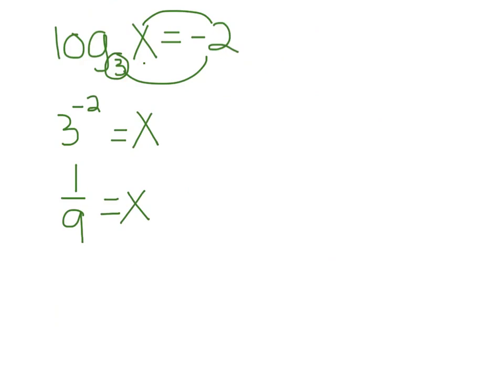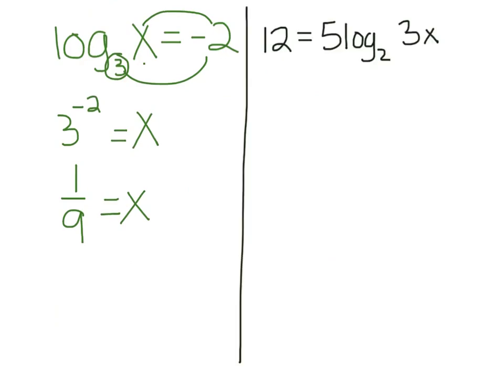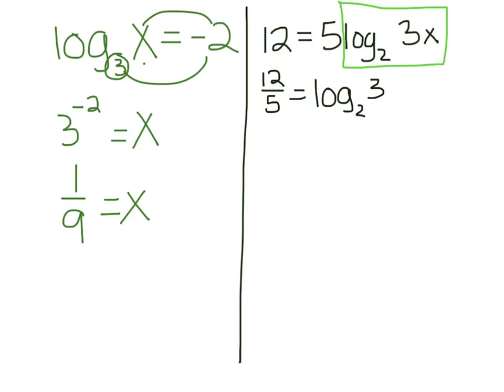We could also do one like this. 12 equals 5 log base 2 of 3x. We're going to need to isolate the logarithm, so the first thing we need to do is divide both sides by 5, and we have 12/5 equals log base 2 of 3x. This isn't written in the form we usually see, with the logarithm written first.